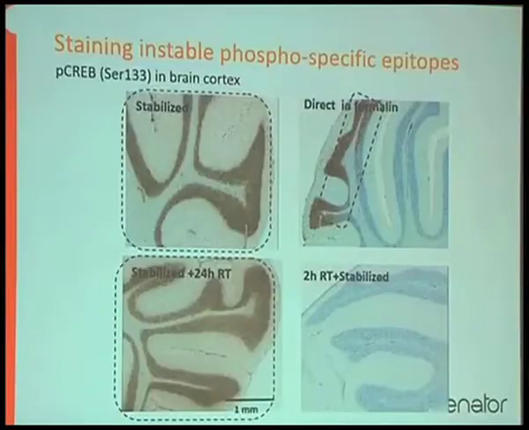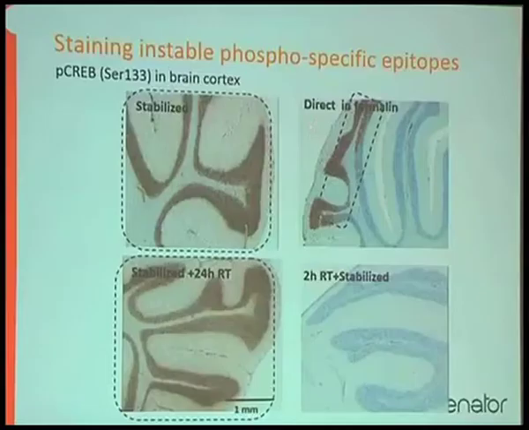And then we're visualizing this phosphorylation on CREB. And then we cut the sections so that we have the full gradient. So this is a coronal section that goes into the cerebellum, so the hindbrain. And we see here a clear gradient.